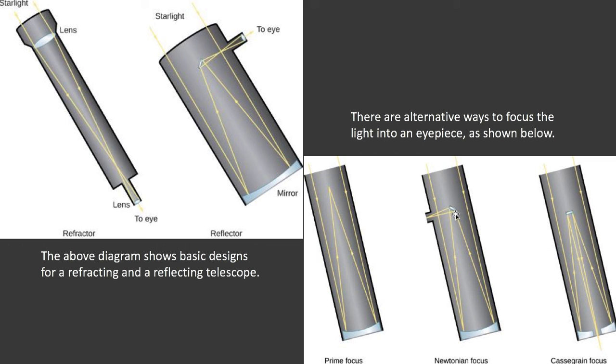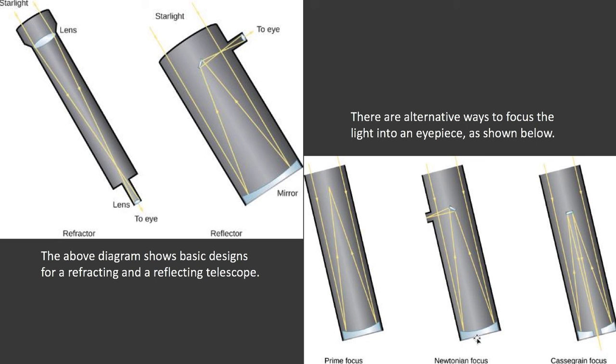Now, one thing with the mirror telescopes is you're bouncing the light off and reflecting it up here, so you're having to put a mirror sort of in the way. And so you might think you have like a hole in your view, and that's true whether it's the Newtonian or the Cassegrain focus. Right? You have to bounce this off another mirror in order to redirect it to an eyepiece or a detector.